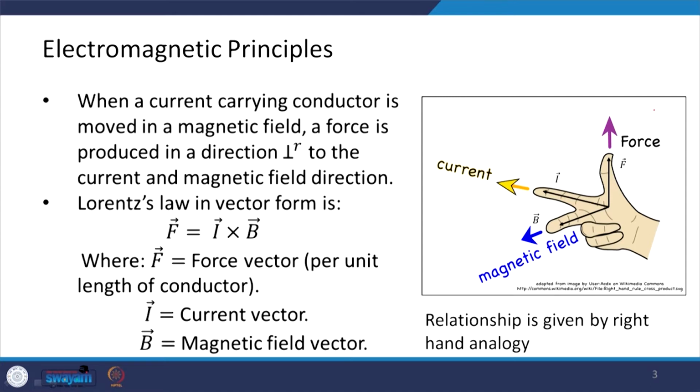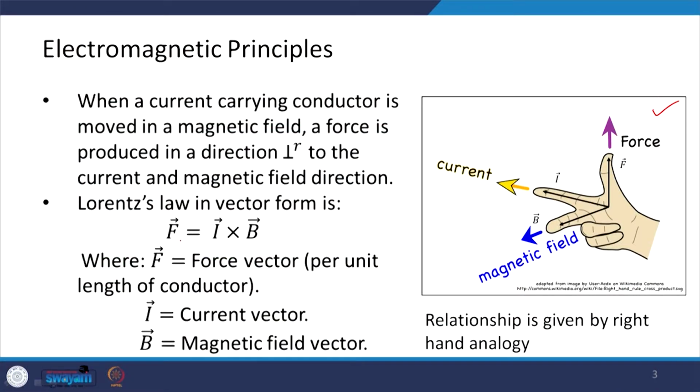As you can see in this figure, you have your thumb, this finger and the middle finger. If this is the direction for the current, and this is the direction for, say, the magnetic field, then this is going to be the direction for the force.